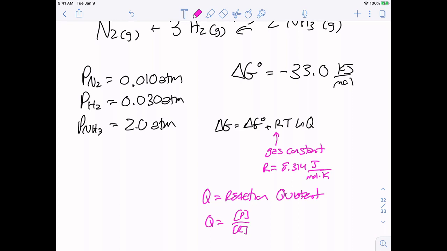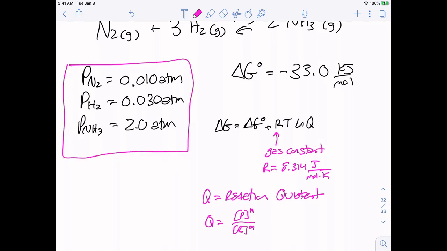We set it up just like you set up your equilibrium constant, I'm just raising it to m and n for now. They don't necessarily have to be equilibrium concentrations. Do remember we're given pressures in this problem, so we could solve for equilibrium constants and our reaction quotient using partial pressures instead if everything was a gas.